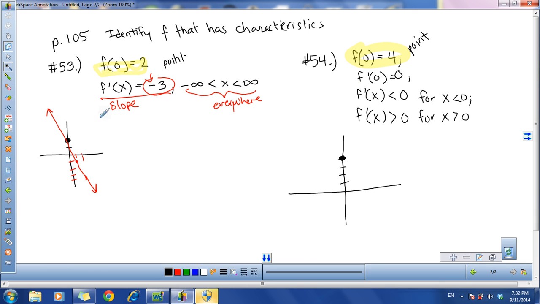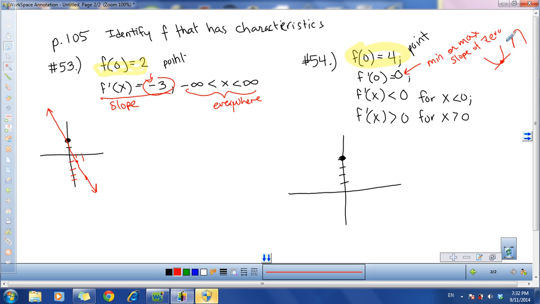That means I have either a minimum or maximum at 0, because remember I said that only at a min or a max you will always have a slope of 0. If I have a min, I have a slope of 0. If I have a max, I have a slope of 0. So that's what I'm going to draw right here, because I'm not sure which direction it goes yet. I either have a min or I have a max.